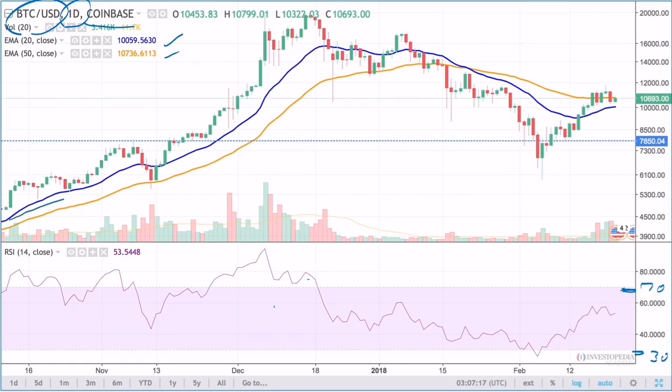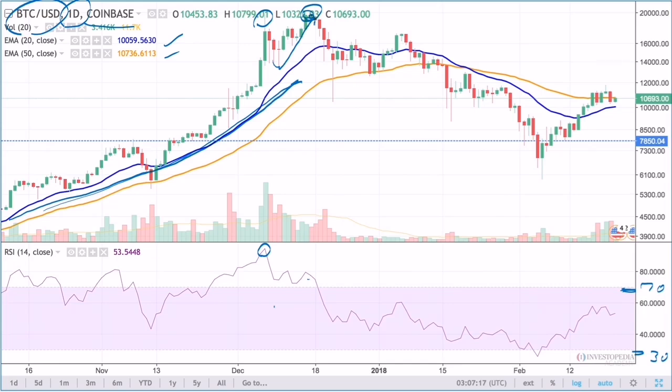If we're looking at a price trend that's going higher, and right here you have the 20-day above the 50-day, so things are great, things are bullish. Then you'll notice at this peak, the RSI hits a level above 90. Prices retreated and then went to a new high at about 20,000 for Bitcoin. This is one of the most powerful signals we've seen in Bitcoin in the last few years.